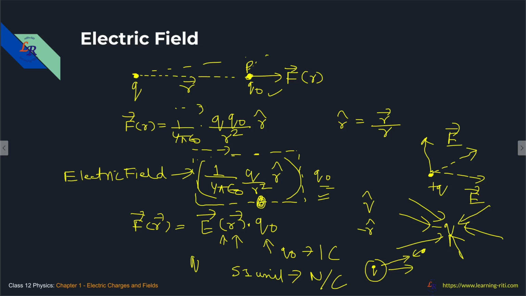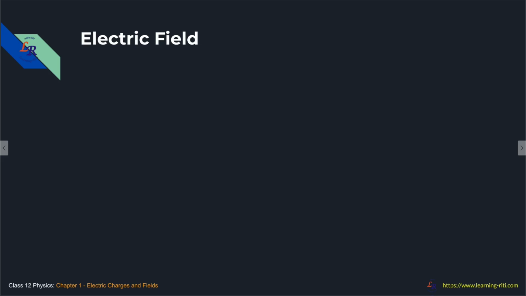Now, as we just saw, if you want to put in a force equation, we can write that the force at point R can be given as some charge Q0 times the electric field due to the given charge at the point to which you are bringing it.